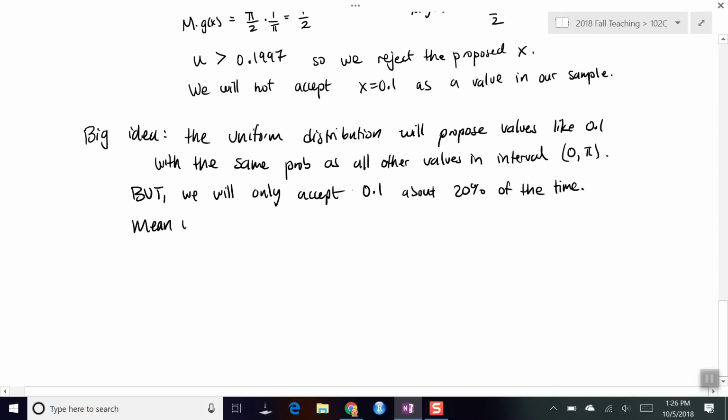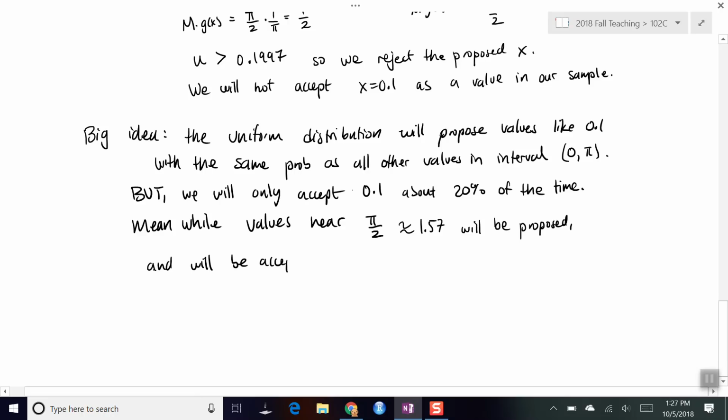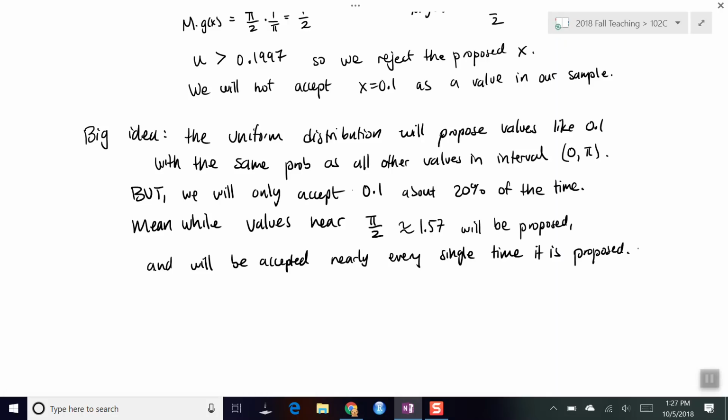Meanwhile, values near pi over 2, around 1.57, will be proposed and will be accepted nearly every single time they are proposed. And so overall, we get something that will look like our target distribution.